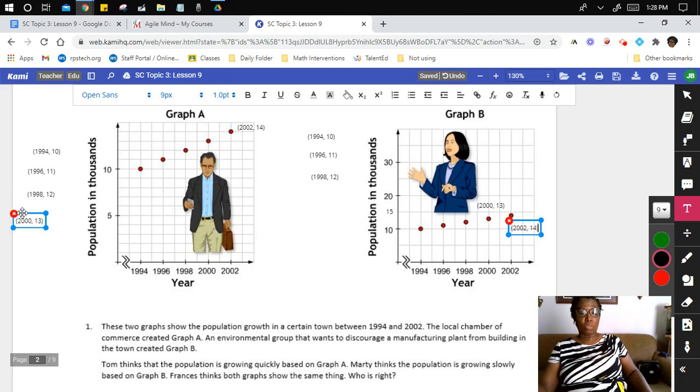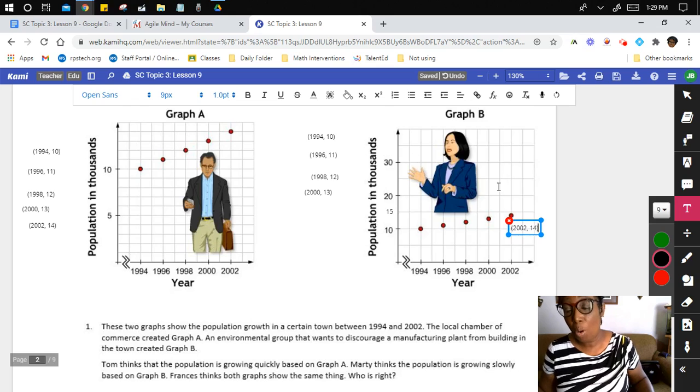We're just going to keep on doing this. And as you can see, they have the same points.